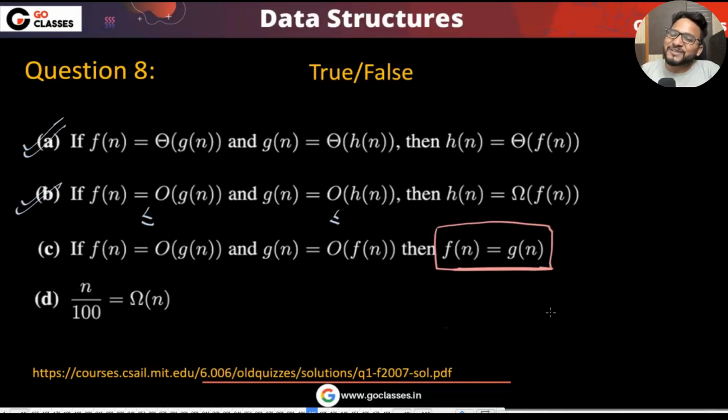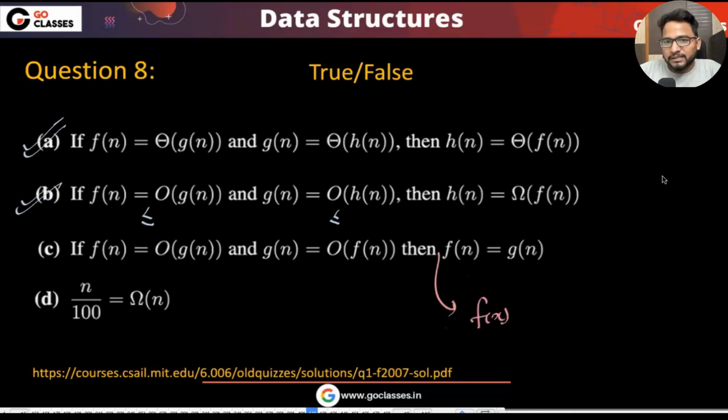Normal. If they're using this equal, it's normal equal. If they have to use asymptotic, they will be using theta, right? So if both are related by theta, then you can say definitely that fn and gn are related by theta.